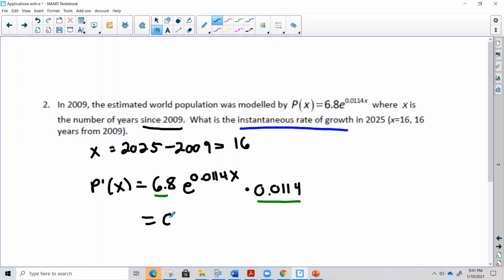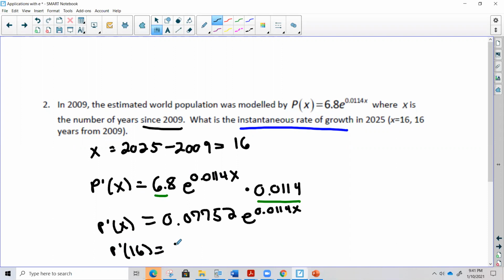Okay, and that gives me 0.07752e to the 0.0114x. Okay, so that's my derivative. And then I want it at 2025, which is where I plug in 16 for x.